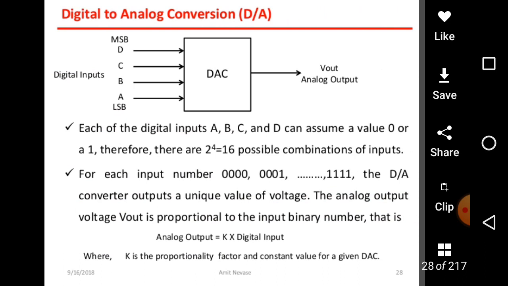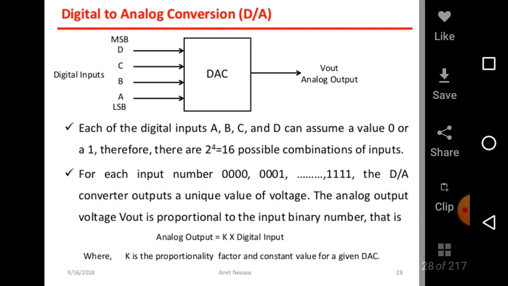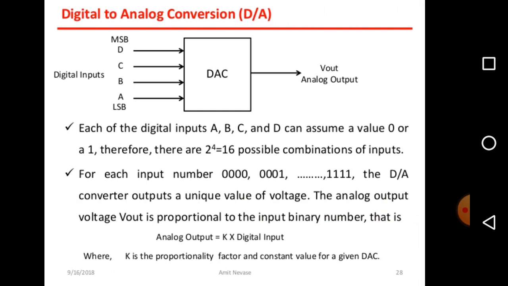Therefore, there are 2 raised to 4, equal to 16, possible combinations of inputs, for each input number from 0000, 0001 up to 1111. The D to A converter outputs a unique value of voltage.